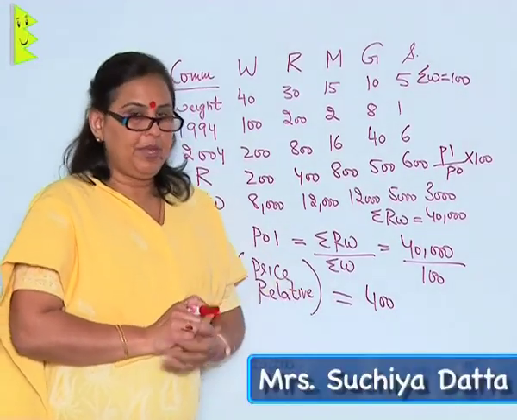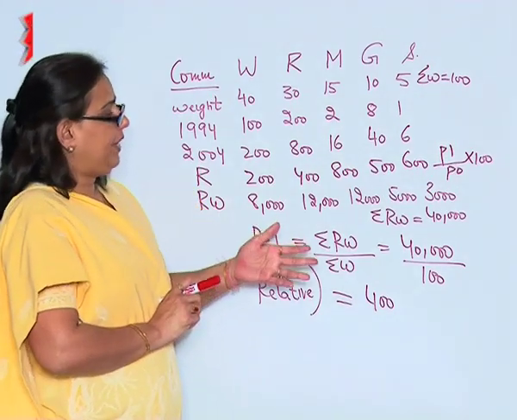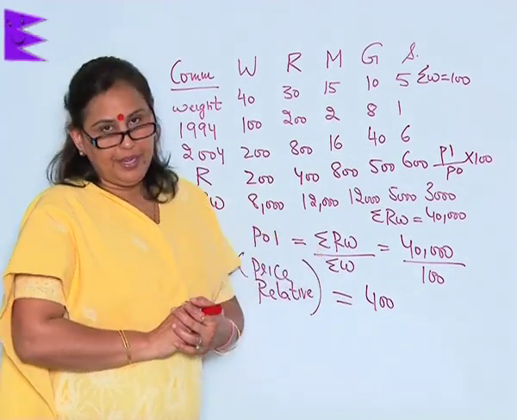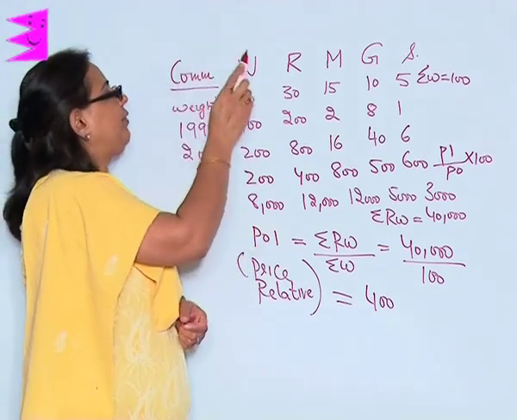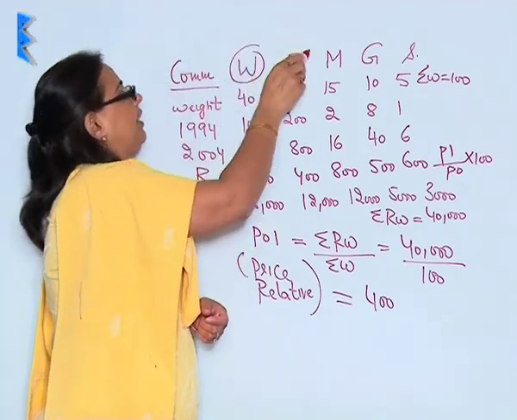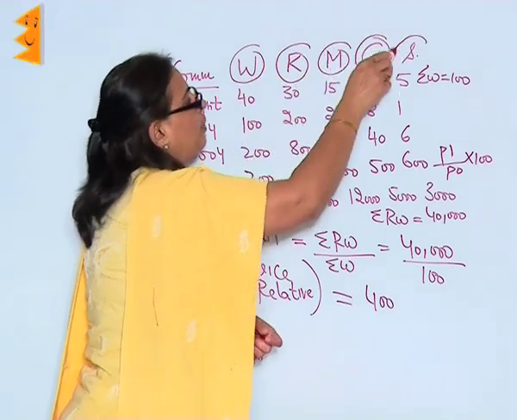That was the weighted index number that we are going to see in this clipping. In the previous clipping, we saw the simple index number. In the weighted index number, the illustration which we have taken is that the commodities shall be wheat, rice, milk, ghee and sugar.